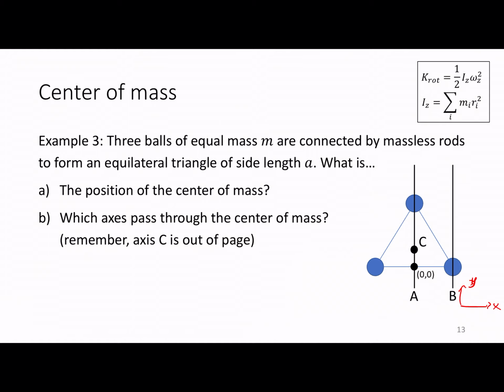So the answer is A and C. C is pretty obvious because that's passing directly through the center of mass out of the page. A is also pretty obvious because here is the point that I'm passing through, and you'll notice the line goes right through that point, and then B does not. Okay, so A and C pass through the center of mass, B does not.